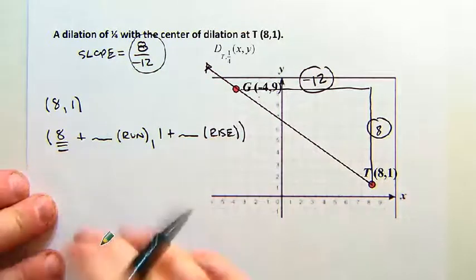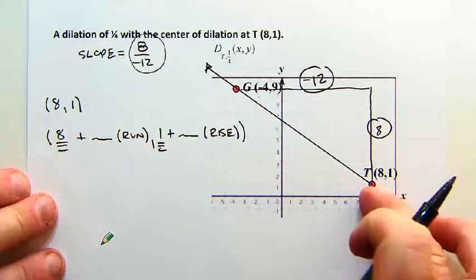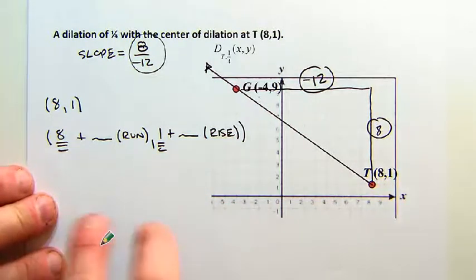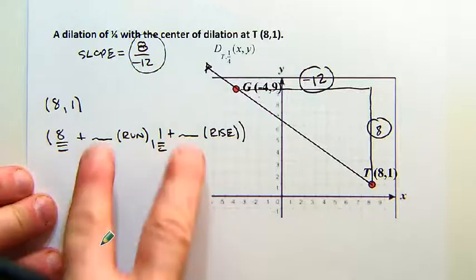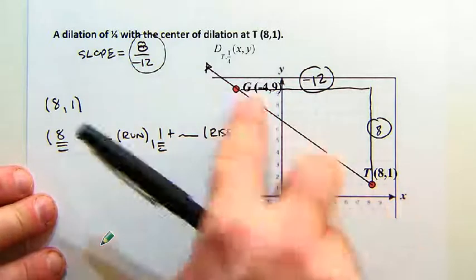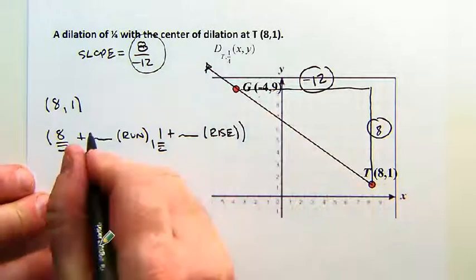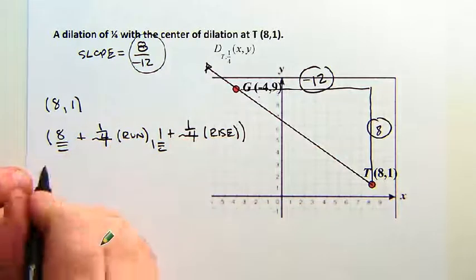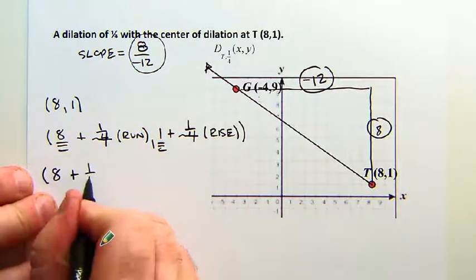Okay, now here's again my starting position, my center of dilation. And if I wanted to do a dilation of 2, 2's would go in here, 3 would go in there, 4 would go in there, and so on. But I want to dilate 1/4. So 1/4 is going to go in there. So almost done. We've got 1/4 of the run.